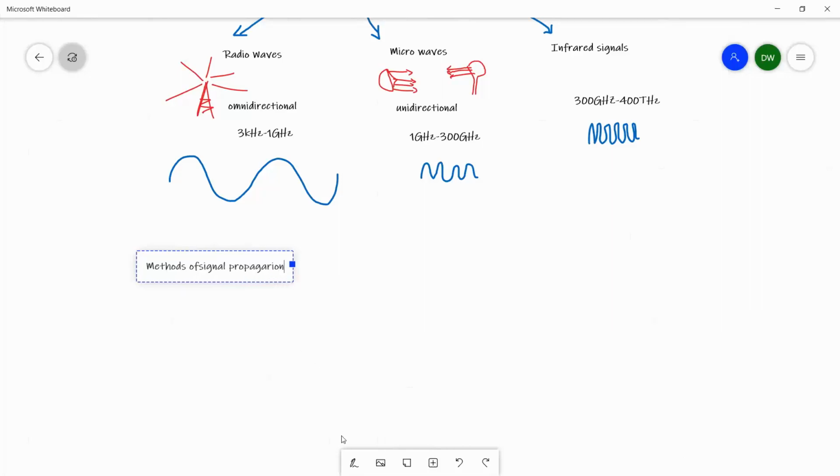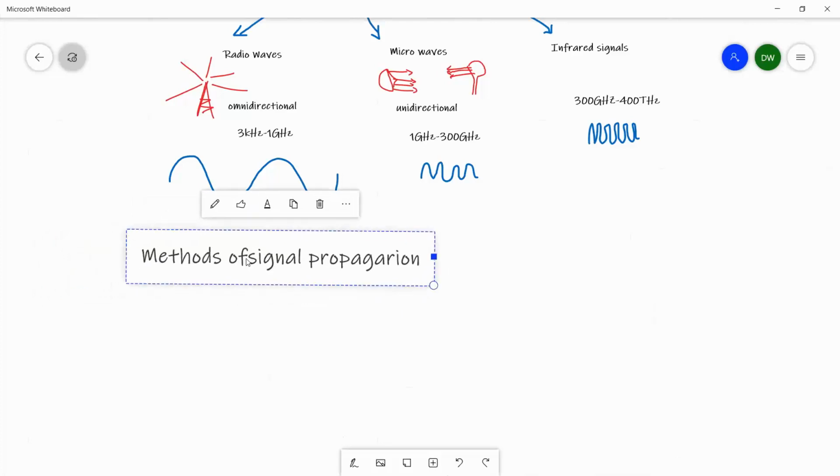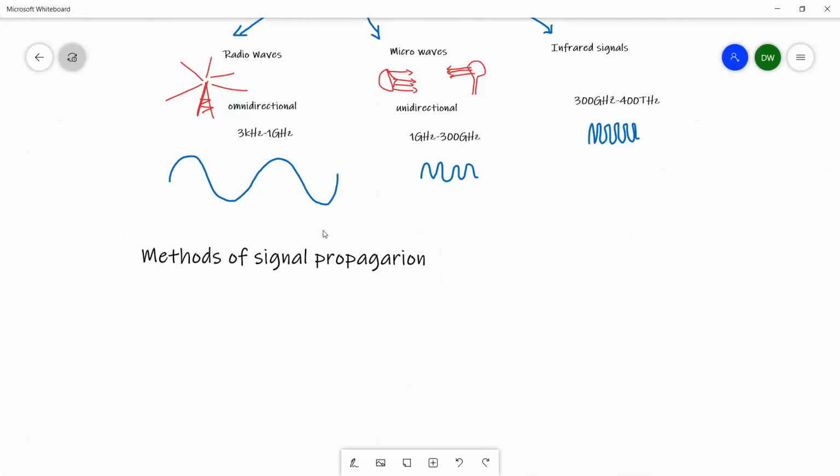Propagation means the way the signal is going to travel, right? So there are three different types of signal propagation. First method we can mention is ground wave propagation. And the second option we have here is sky wave propagation.